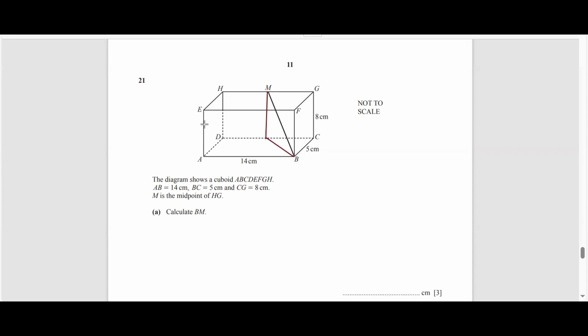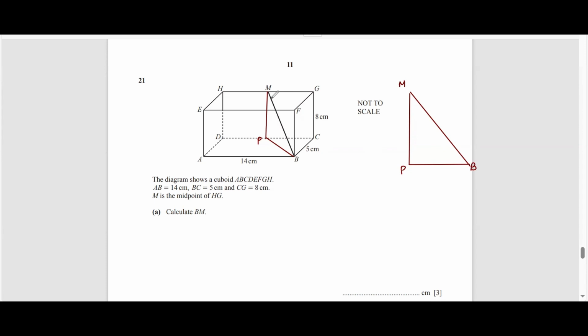I'll just label this as P. So MPB is the right triangle that we need to consider. I'll just draw a normal right triangle. Here we have M, P, B.